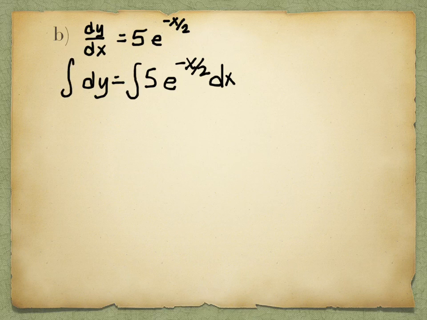On the left-hand side, integral of dy is y. On the right-hand side, this actually has a u substitution in it as well, yeah? So what's my u? The exponent, negative x over 2.